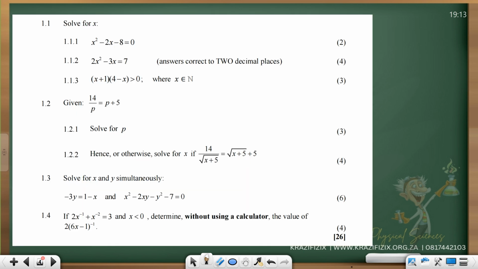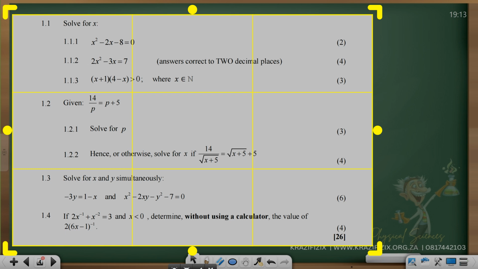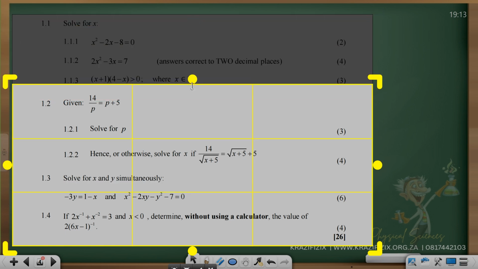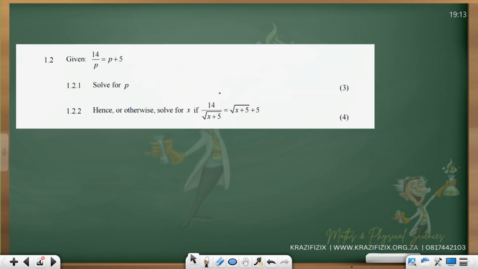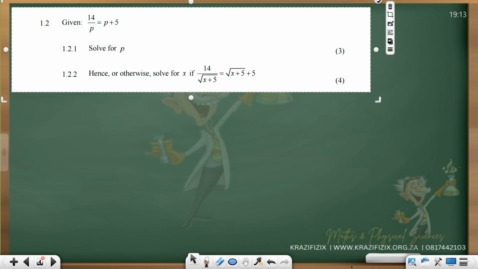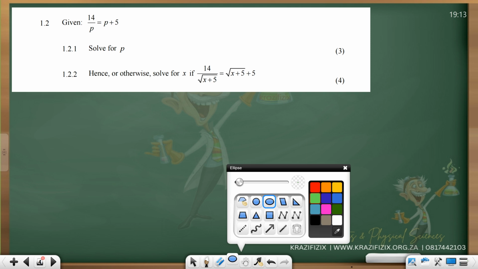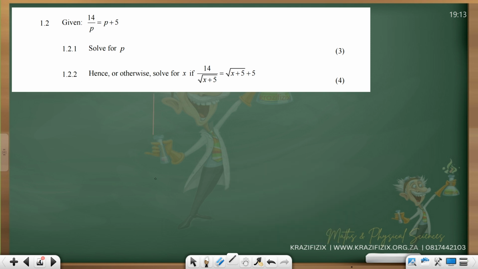Okay, everybody, we're learning a few things now. 1.2, let's see what our 1.2 would be. All right, 1.2. Solve for P. Okay, I think this one is quite straightforward. If we are solving for P here, 14 over P is P plus 5.